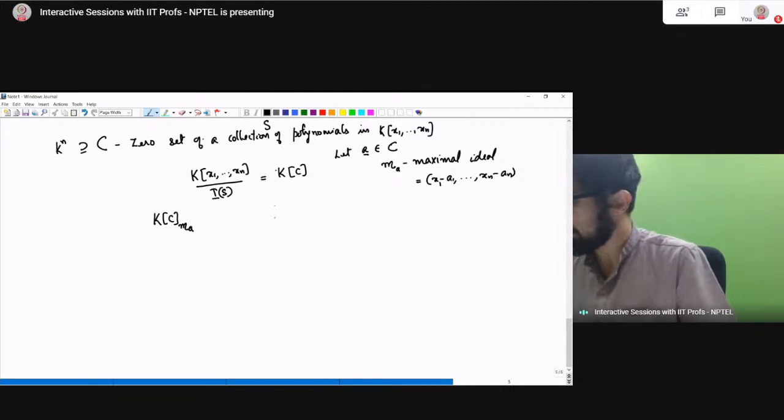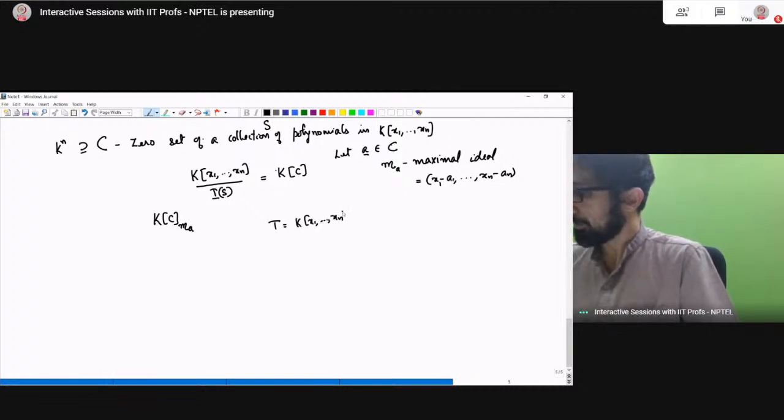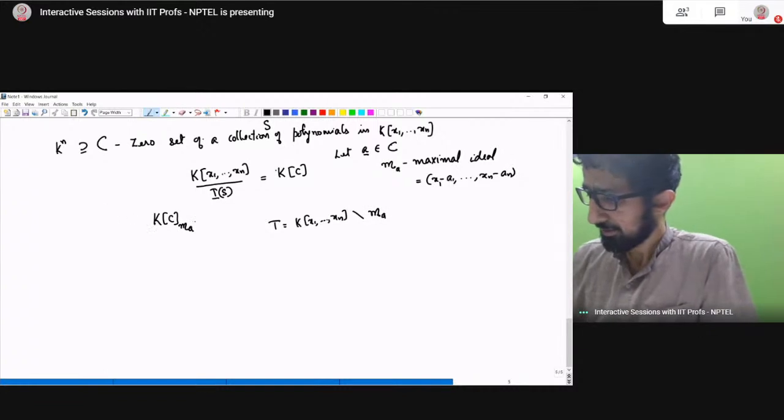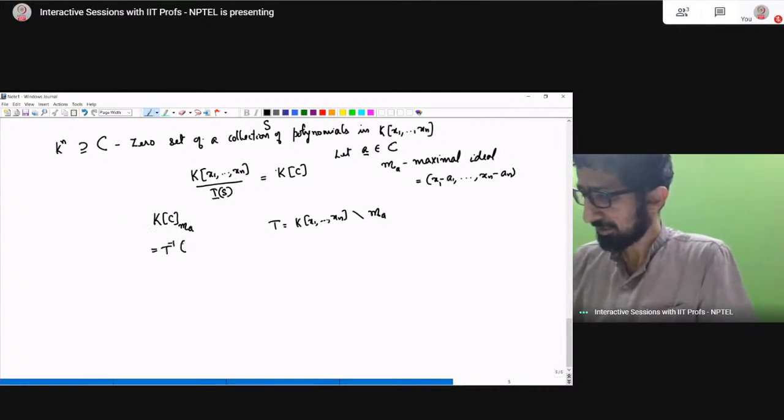Let me use T here: T is K[x1, ..., xn] without this M_A, and this is T inverse of K[C].